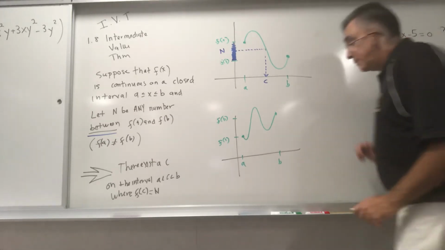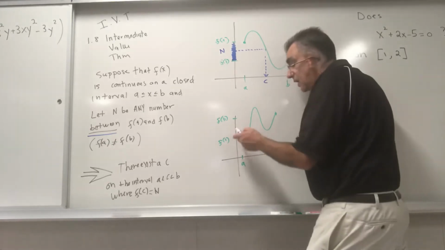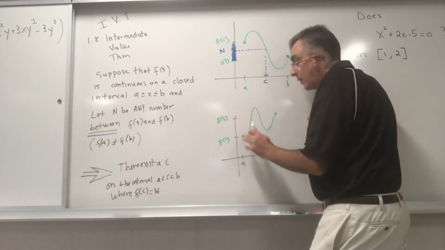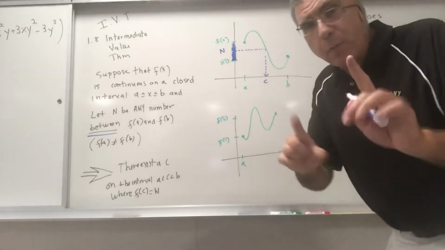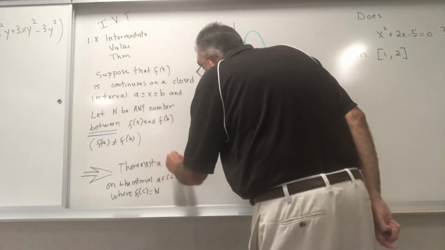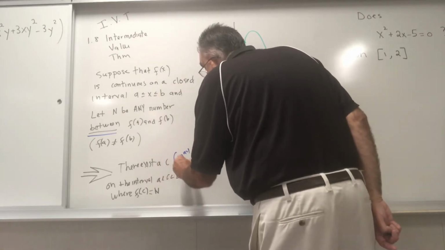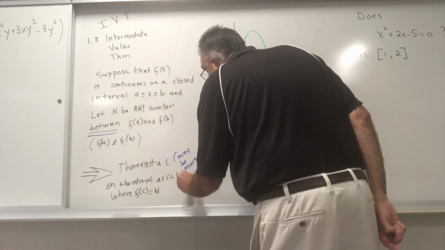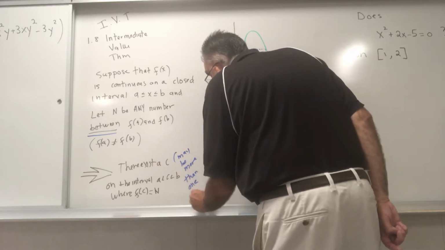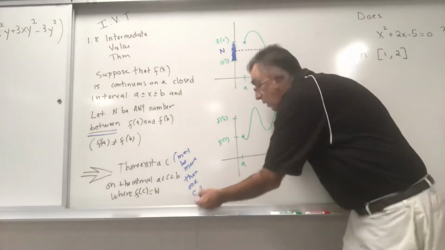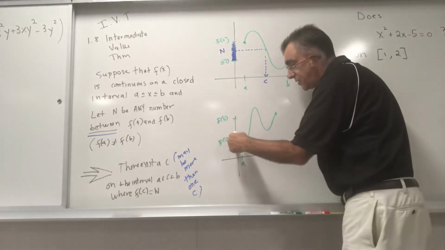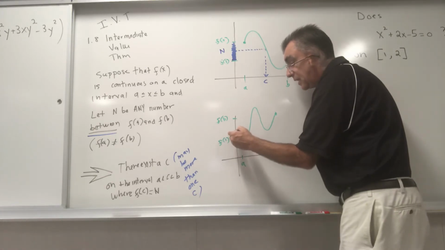Now, let's do one where f of B is bigger than f of A. What I want to point out is that there exists a C, and there may be more than one C. One of the things is you're guaranteed, if I choose any number between here and here, between.